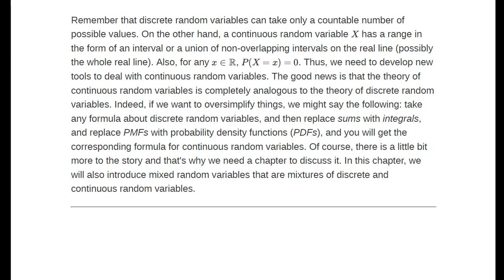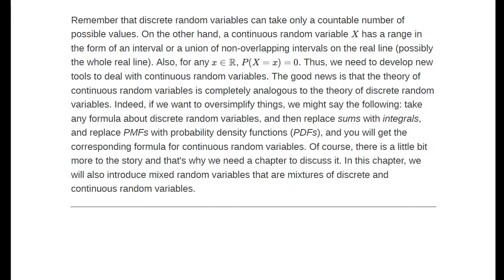The good news is that the theory of continuous random variables is completely analogous to the theory of discrete random variables. Indeed, if we want to oversimplify things, we might say the following.